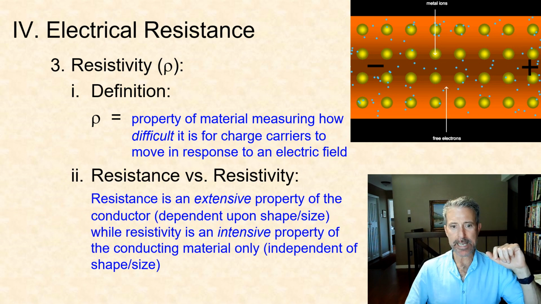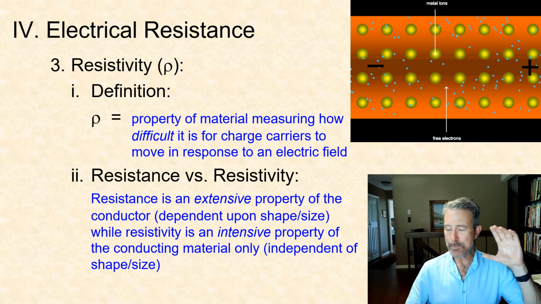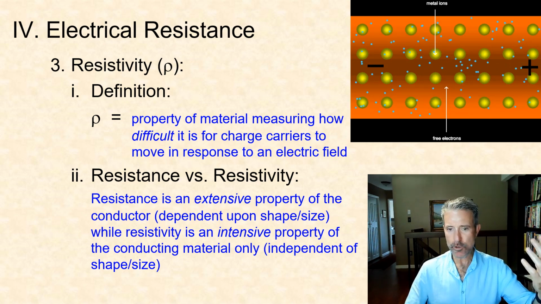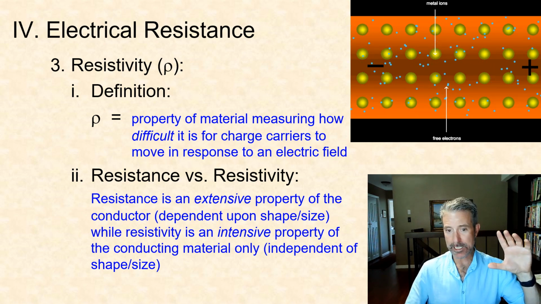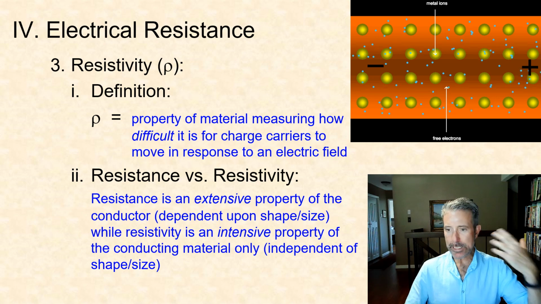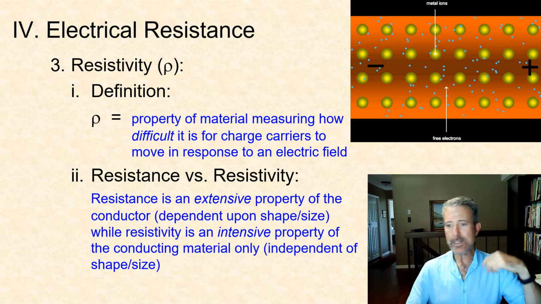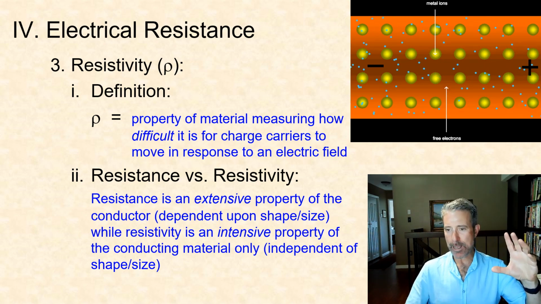So while there are similarities between resistance and resistivity, there are some important differences between these two quantities. Namely, resistance is an extensive property of the conductor. It depends upon the size and shape of the sample of matter that you have. Whereas resistivity is an intensive property of the conducting material, completely independent of the size and shape. So for example, copper has a certain value of resistivity at a particular temperature.